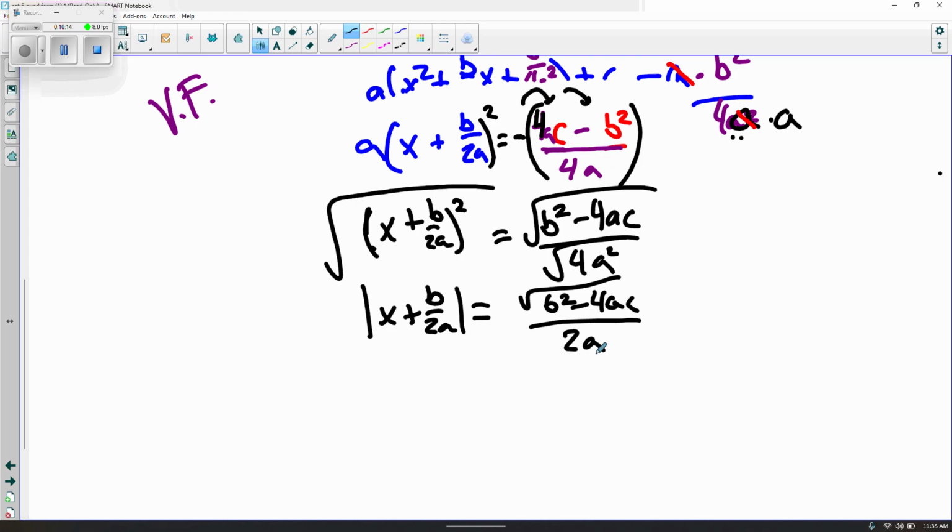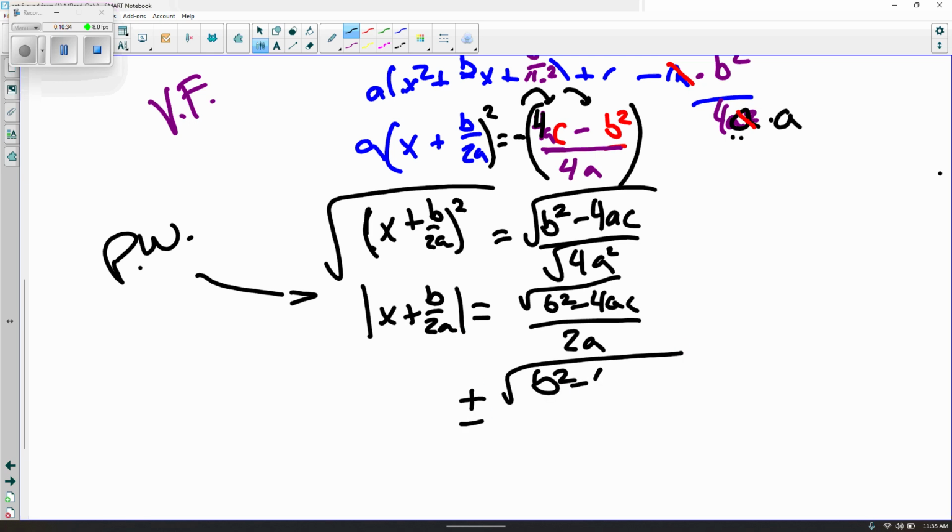Now, this is supposed to be a plus or minus, but it will disappear when we do our absolute value, so it doesn't really matter. So we have a piecewise we're going to have to write, and that's going to change into two equations: a positive equation and a negative equation.